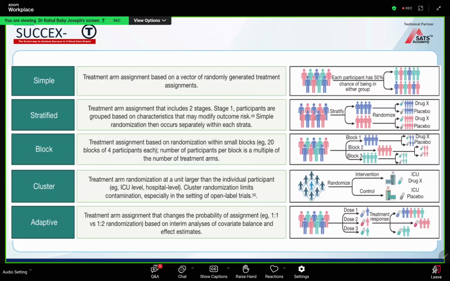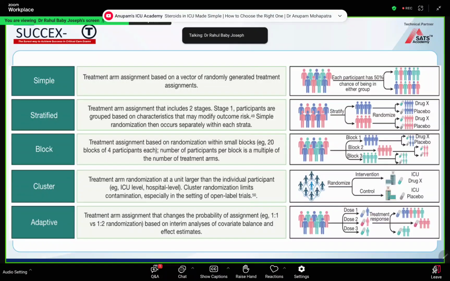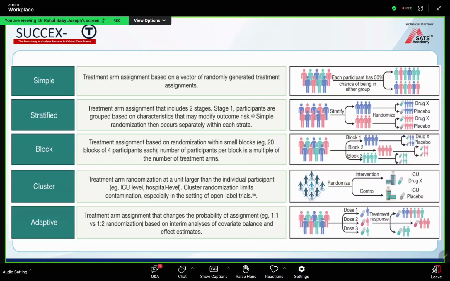The problem with simple randomization is that if the sample number is very low, you tend to distribute the participants unequally. So if the sample size is 10, you might have two patients in one arm and 8 in the other instead of 5:5.